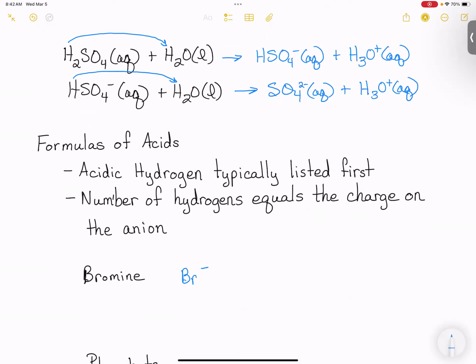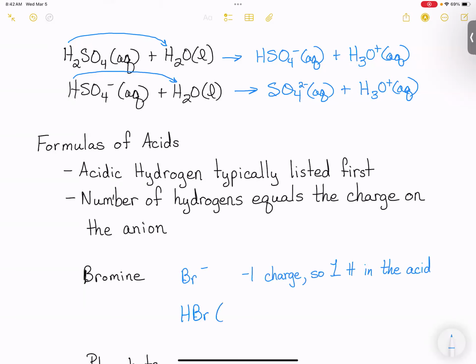It has a -1 charge. So there is going to be 1 hydrogen in the acid. So the formula for the acid is HBr.